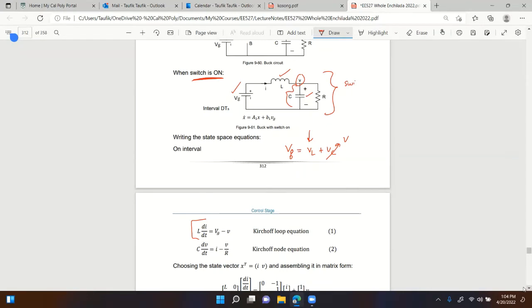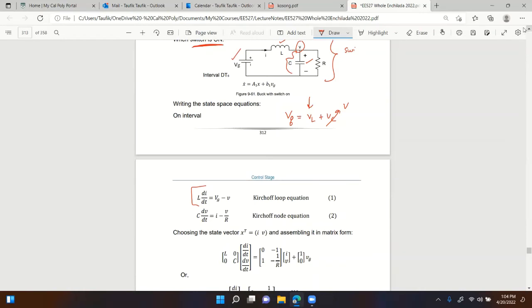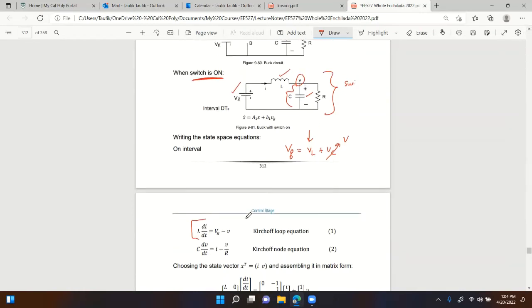Okay, and then by KCL, to get dVc dt, I put KCL on that node. So by KCL, I know that I is equal to IC plus IR. And where do I get the x dot?